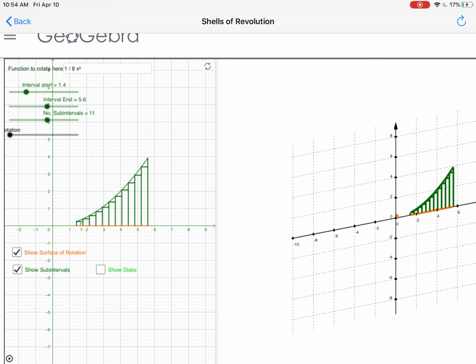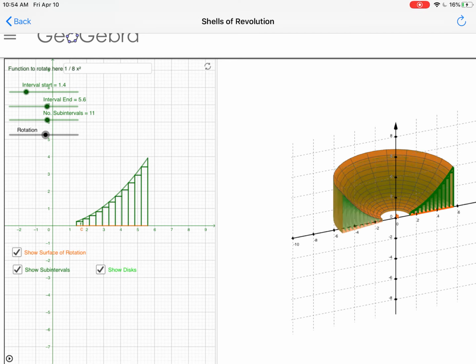If we were able to find the volume of those shapes that get wrapped around, we would be able to estimate the volume of this solid of revolution closer and closer. I'm going to stop about right here, because on the right side you see each of the 11 rectangles being wrapped around, and that's going to help us find our volume.